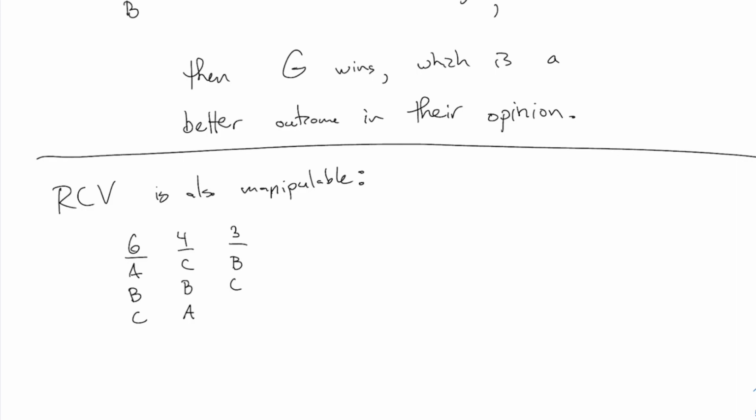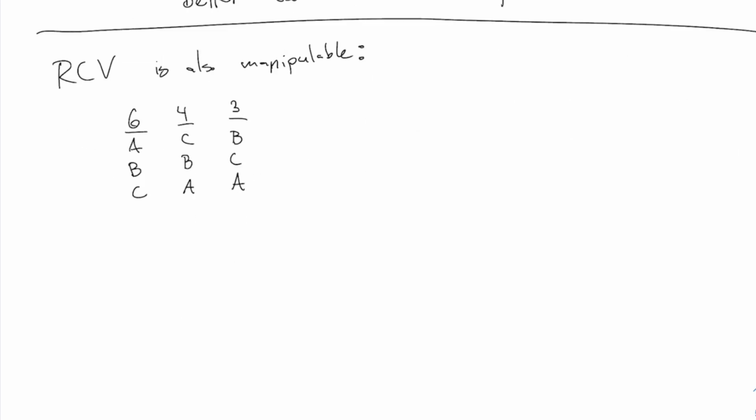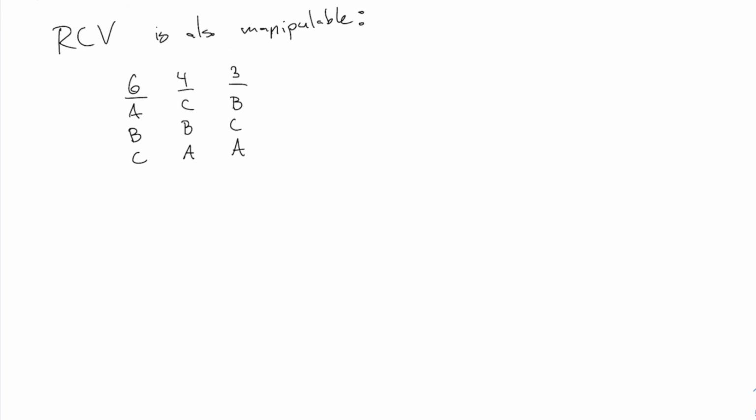I would say that the manipulation you do in plurality is kind of obvious. So obvious that everybody basically understands how to manipulate the plurality system, which is to say, always vote for one of the two major candidates. That's the strategy in plurality. The strategy in ranked choice is much more nebulous. And this is something that people don't like about ranked choice, and I can appreciate the criticism.